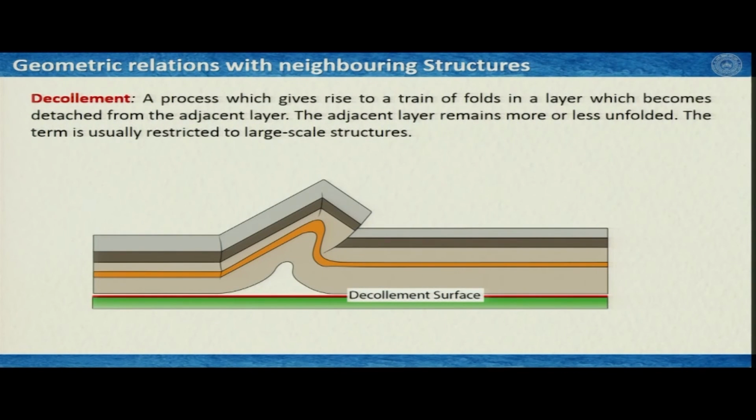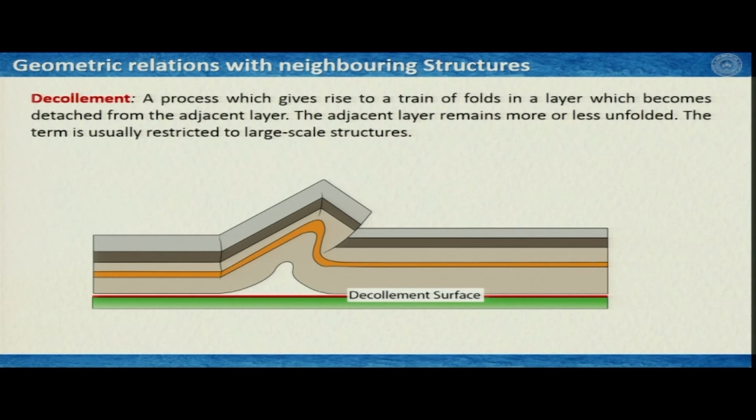Now, there is also another important terminology related to the geometric relations with neighboring structures, and this is called décollement. A décollement is a process which gives rise to a train of folds in a layer which becomes detached from the adjacent layer, either at the bottom or at the top.